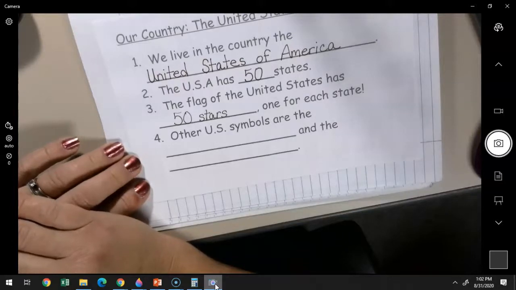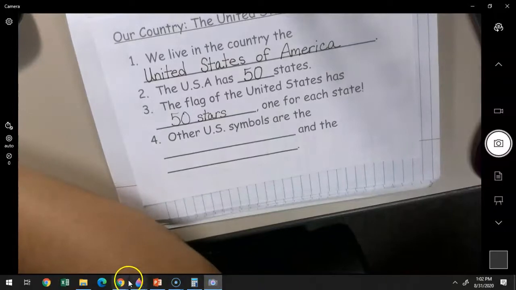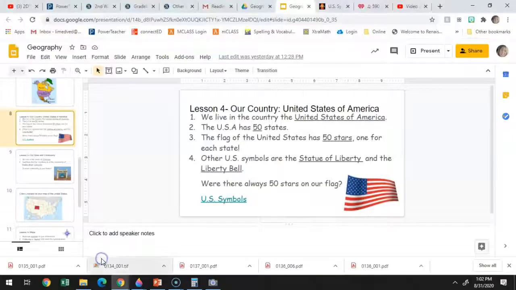So a flag is a symbol of a country, and in this case our country's flag looks like this down here. Okay, but we have other symbols for the United States. When people see them, they think of the United States, and one of them is the Statue of Liberty.